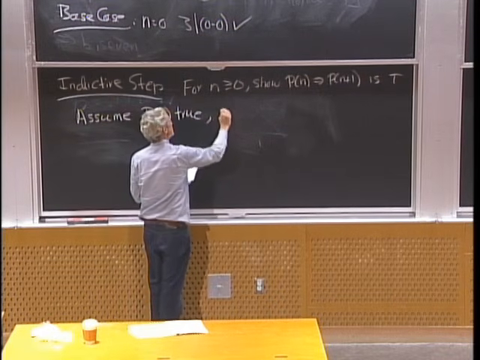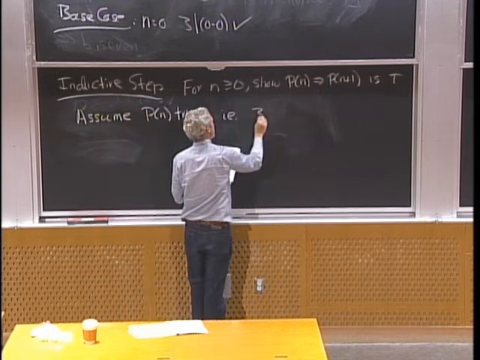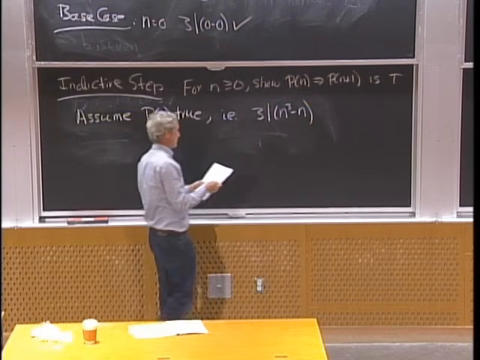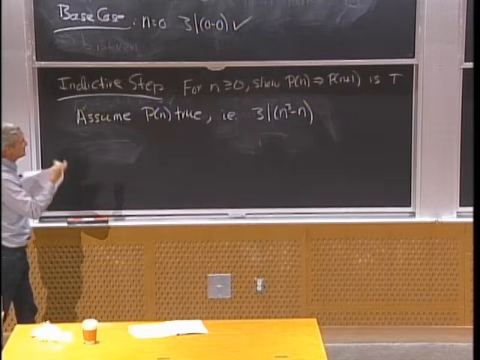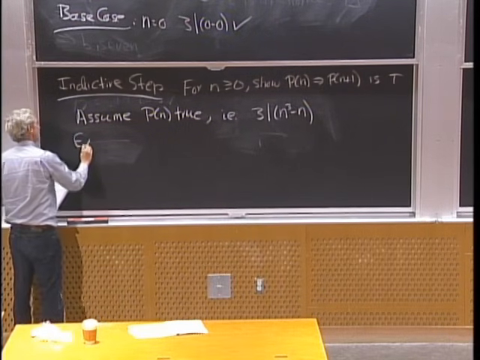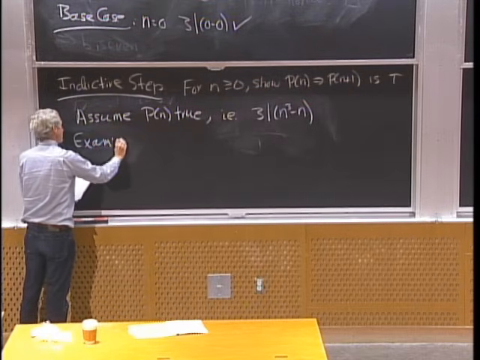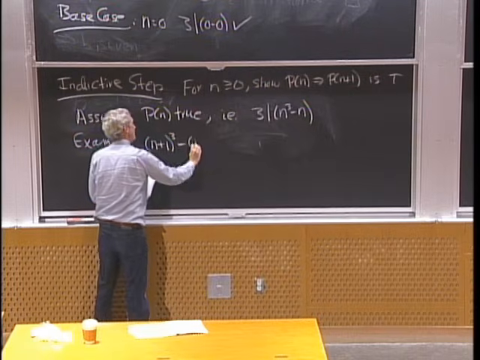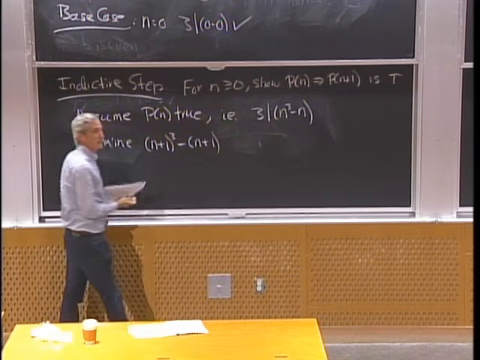In other words, we assume that 3 divides n cubed minus n. And we're trying to show that 3 divides n plus 1 cubed minus n plus 1. So we examine n plus 1 cubed minus n plus 1, and we want to show it's a multiple of 3.